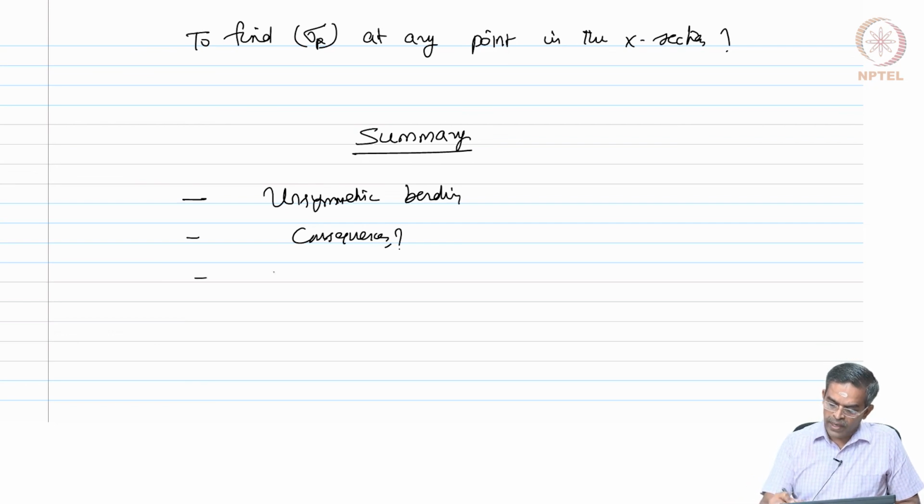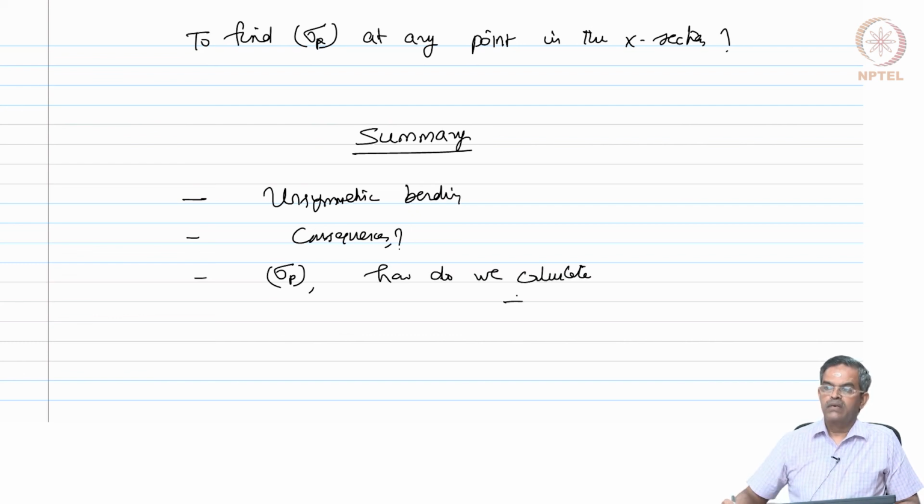If I want to find the stress at any point P in a cross section of a member under unsymmetric bending, what do I do? We said that we need to convert the unsymmetric bending problem into a uniplanar bending problem.